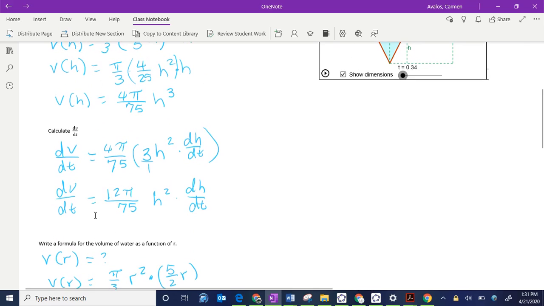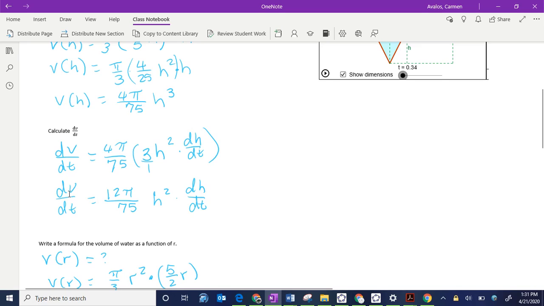Over here, this derivative tells us that if I know the information about h, like maybe when h is 3 inches high, and I know the rate at which the height is changing, I will also be able to find how the volume is changing. So you would need to know the rate at which the height is changing and the height at that time.